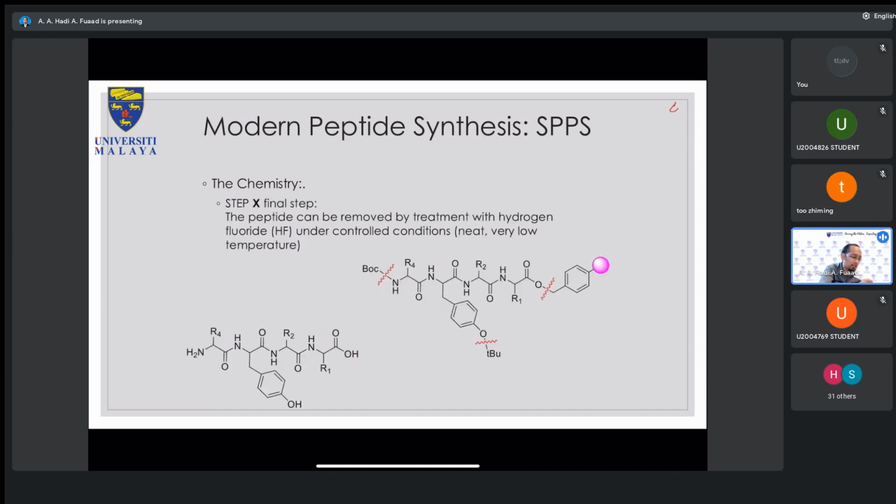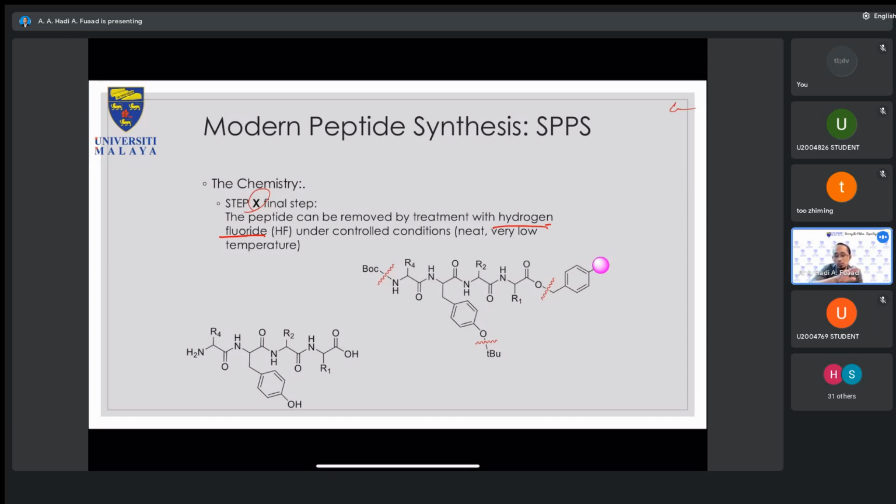Okay, and finally, on the final step, the last step, what you do for BOC and TBU based SPPS is you treat the whole thing, the resin and the peptide with protecting groups, with a very, very strong acid, hydrogen fluoride. Hydrogen fluoride, if you know, is a gas at room temperature.